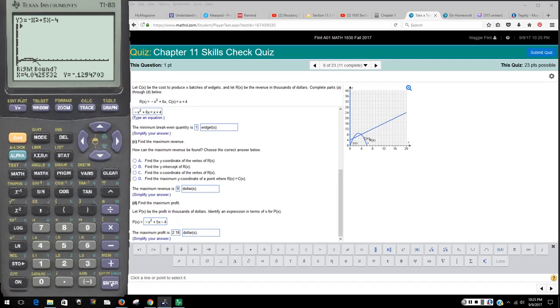We're to the right of it. I'm glad I decided to go back and recheck, because your maximum profit is when you make 2.5 batches of widgets for $2.25. Oh, $2.25 thousand.